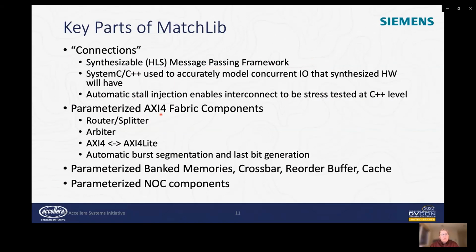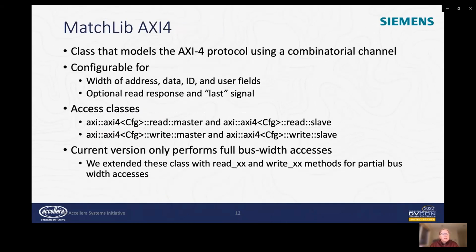This can also be used to model a number of other buses that use the ready valid data triplets in messages that are passed around, such as TileLink, which is used heavily in the RISC-V world. But these parameterized components include the AXI components, include the router, the splitter, arbiter, fixtures to go from full AXI to AXI-Lite, and so forth.